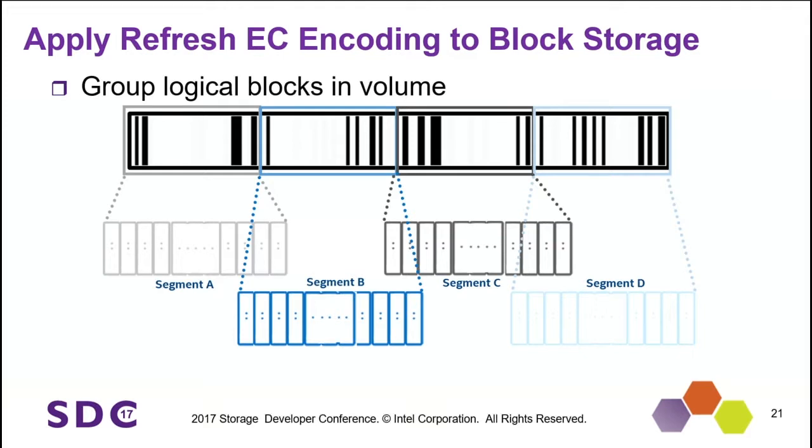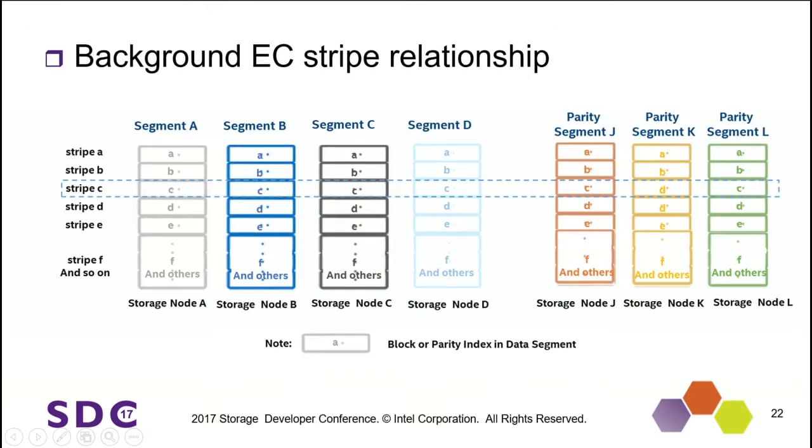In order to decrease the quantity of metadata about the erasure code stripe groups, 4 volume segments are placed in 4 storage nodes. Simultaneously, 3 redundant segments are placed in another 3 storage nodes as erasure code parity pairs.